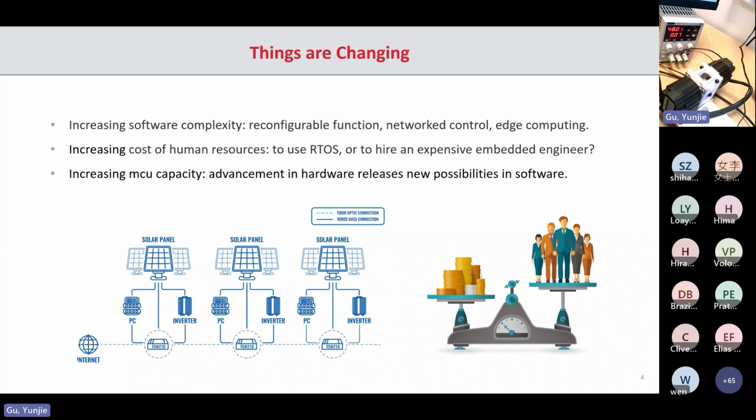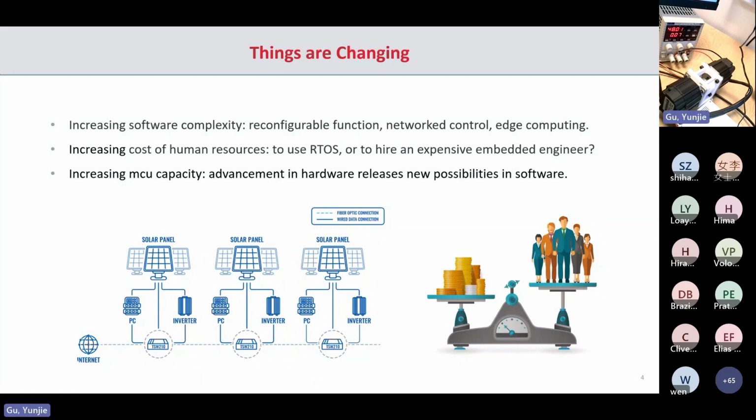In order to run bare metal code on these devices, we have to keep an expensive team of embedded engineers who just maintain these codes, and people have to calculate which one is cheaper: either to use easier software development tools, which need a little bit more investment in the hardware, but in return you get to reduce the number of embedded engineers. That's another reason.